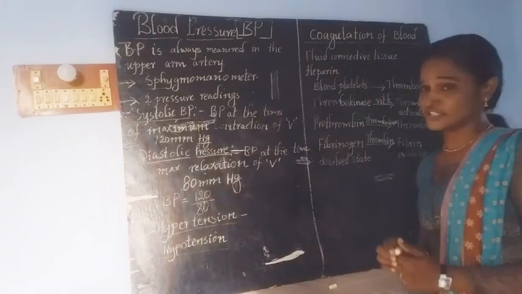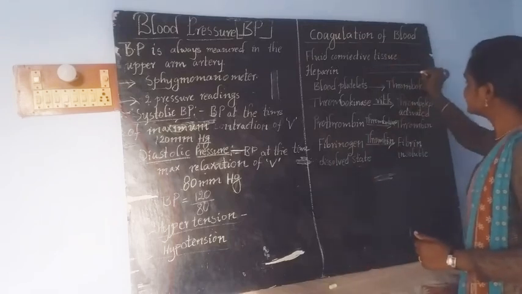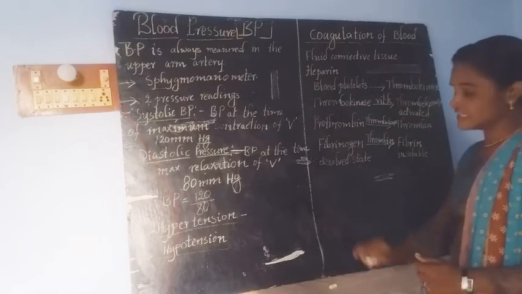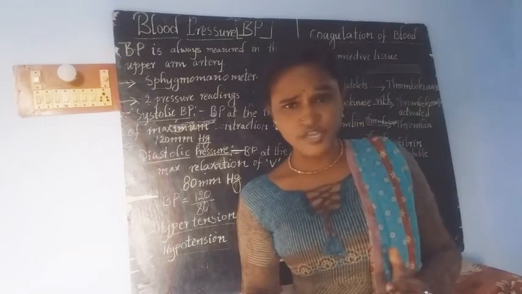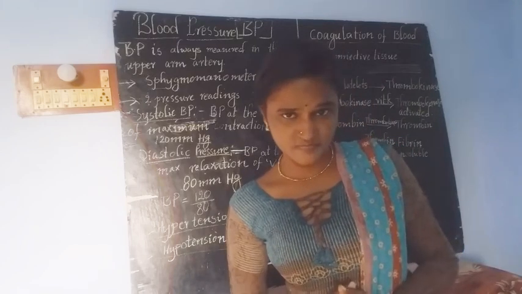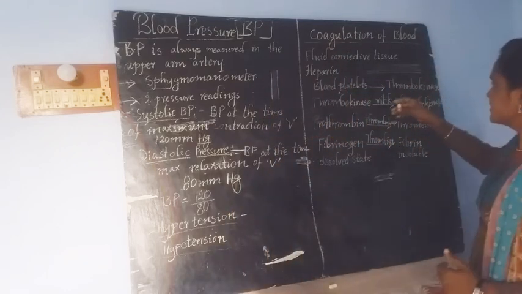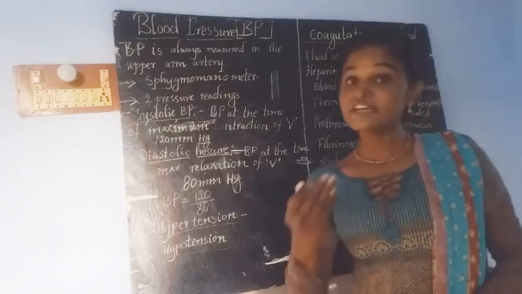And this fluid connective tissue flows inside the blood vessels without any clotting. If the person is healthy, we are not going to find any clots in the blood vessel. Then why is the blood able to flow in liquid form?